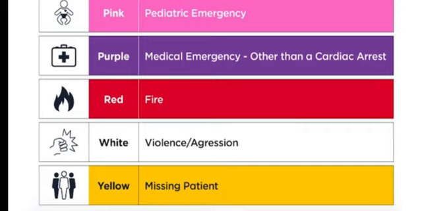Yellow is missing person, someone is missing. The missing person sign shows that two are present and one is missing. White means violence, a fight between two persons, that can be oral violence, physical violence, abuse, multiple types of violence, but you should know about these signs.